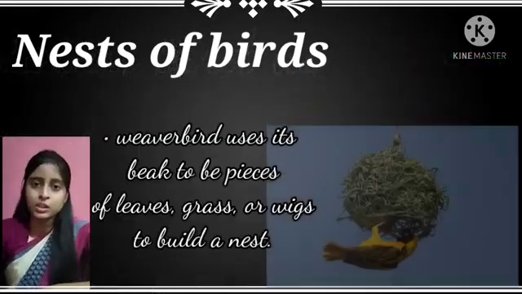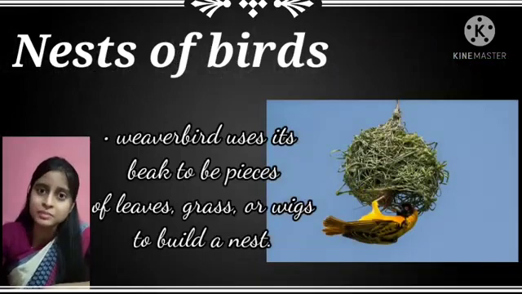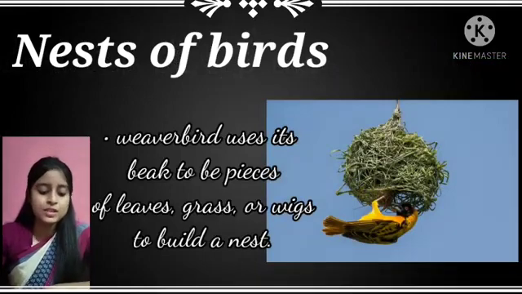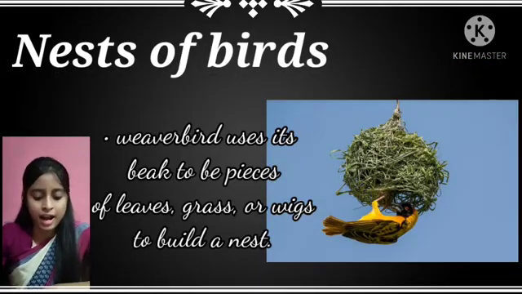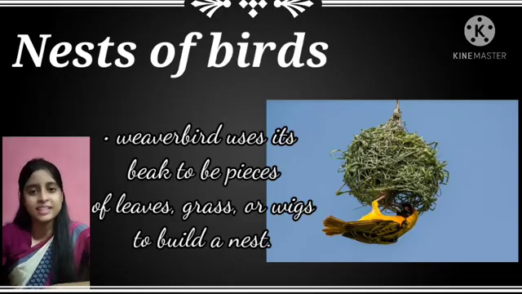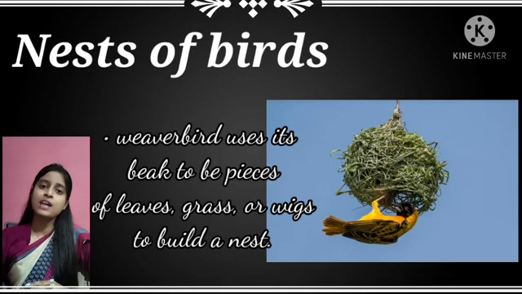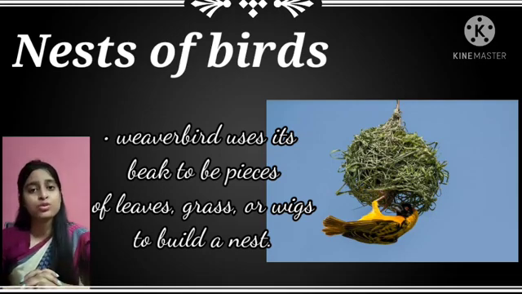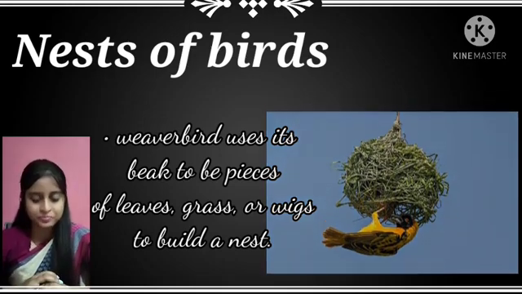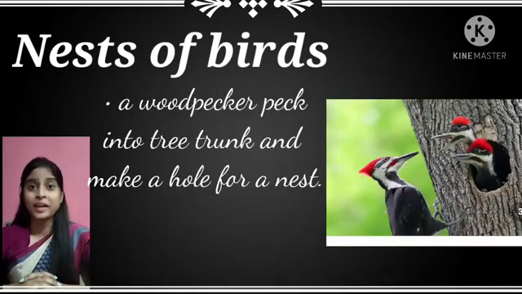The weaver bird uses its beak to weave pieces of leaves, grass or twigs to build a nest. The weaver bird makes a nest which has an opening through which the bird can enter. Okay.